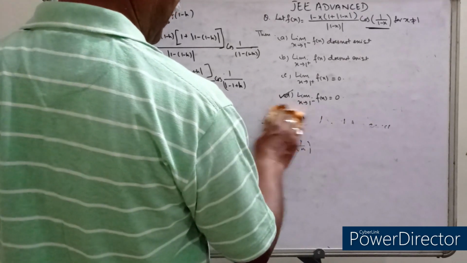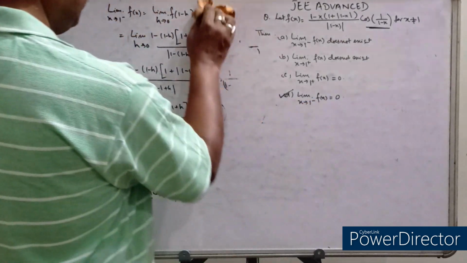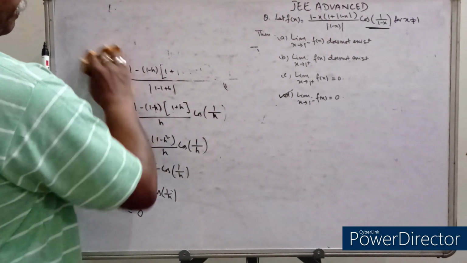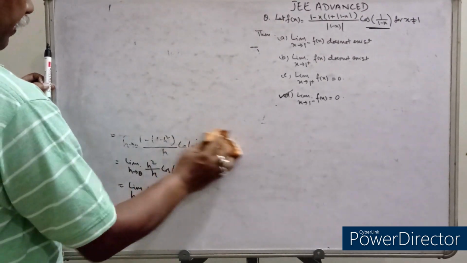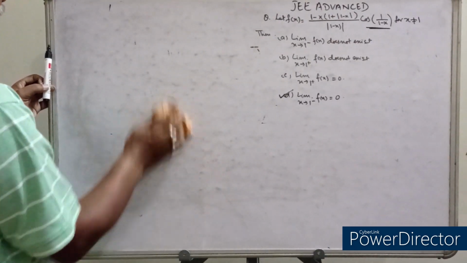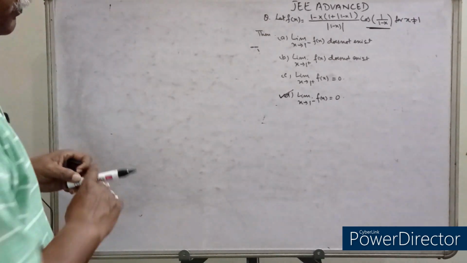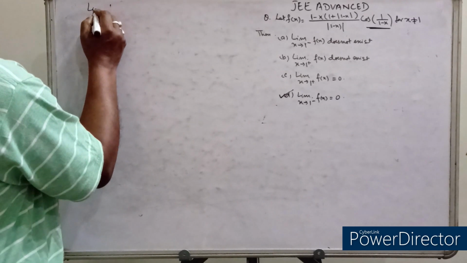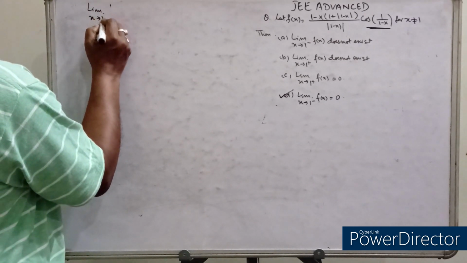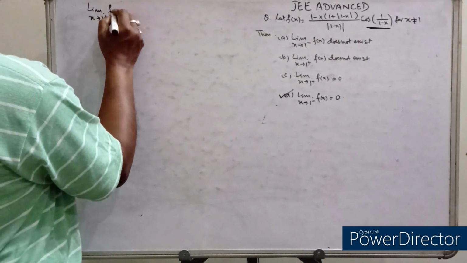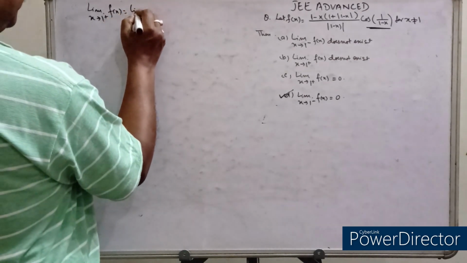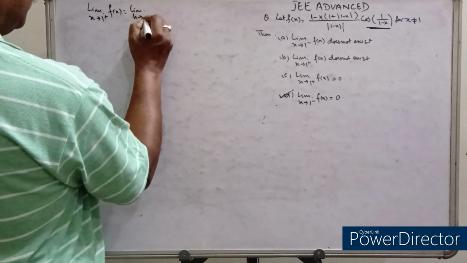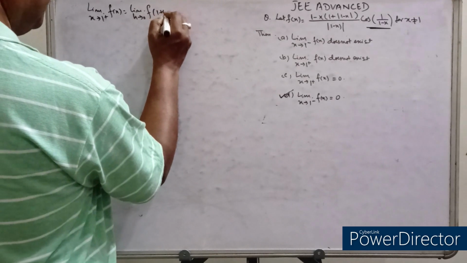Now let us come to the right hand limit. Let us see what will happen if we take the right hand limit. So the right hand limit, that is limit x tends to 1 plus f(x), is equal to limit h tends to 0 of f(1 plus h).